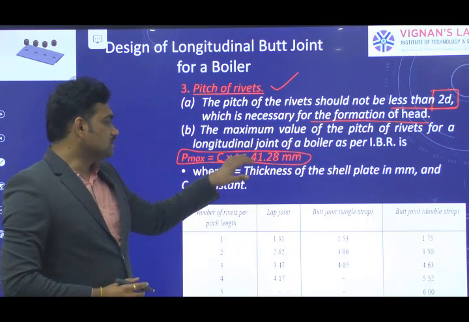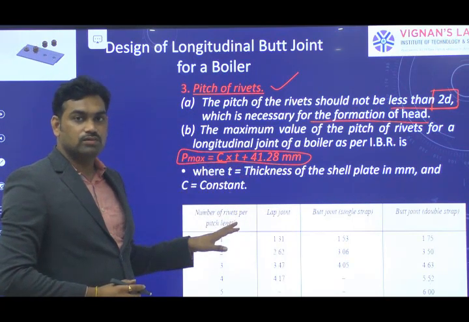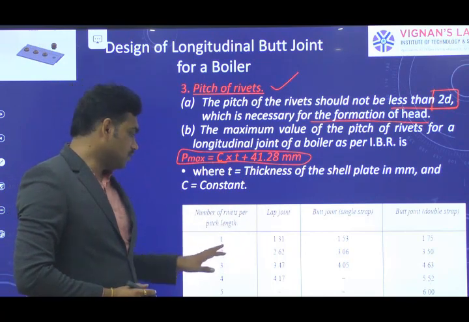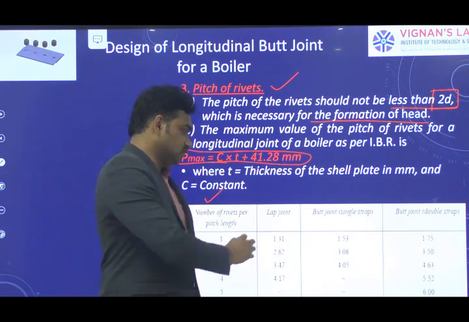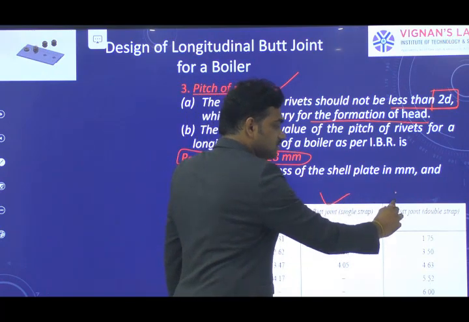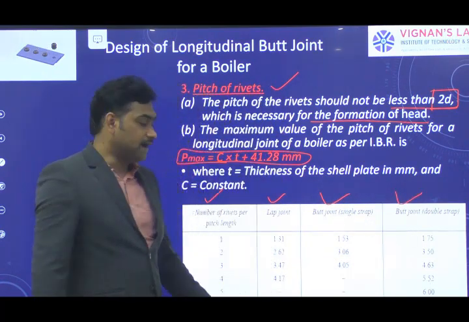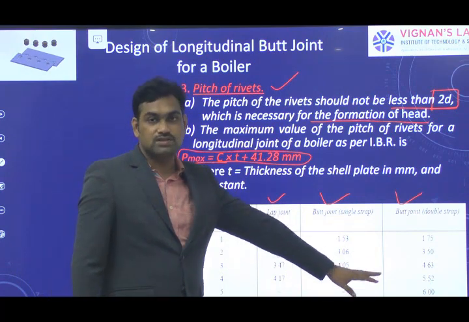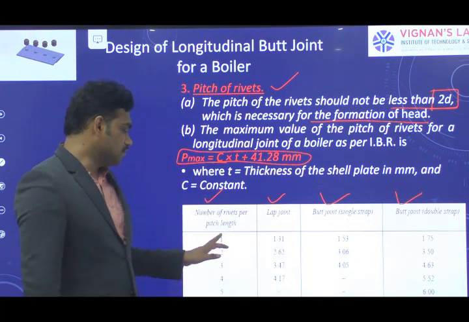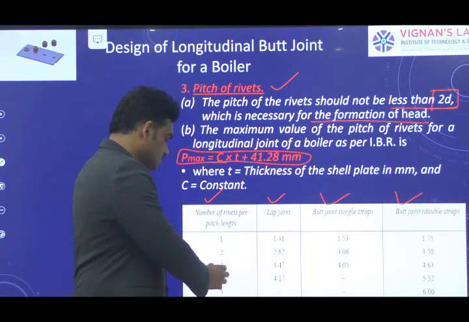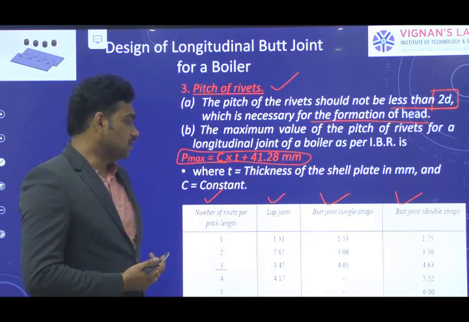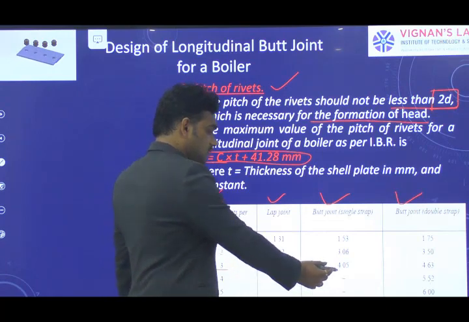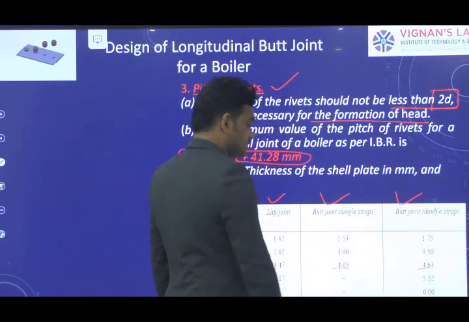Here C is a constant that depends upon the number of rivets per pitch length as well as the type of joint, whether it is a lap joint, a butt joint with single strap, or a butt joint with double strap, and you can take the value of the constant from this table. You need to remember a few basic values. Generally you can use 3 rivets per pitch length in a longitudinal butt joint, so you can remember 4.05 and 4.63.